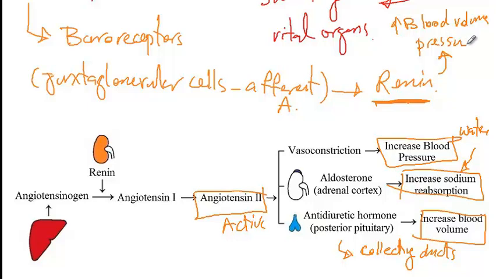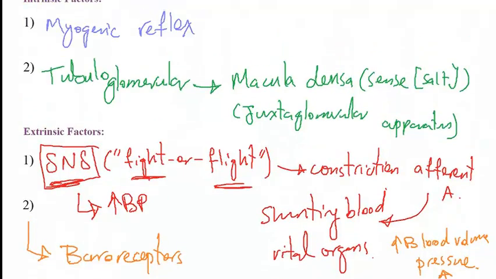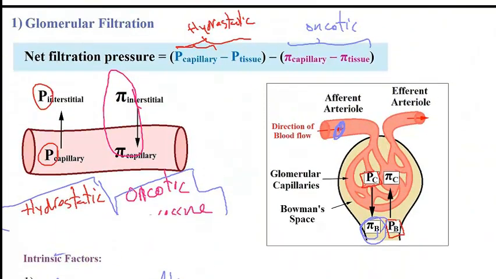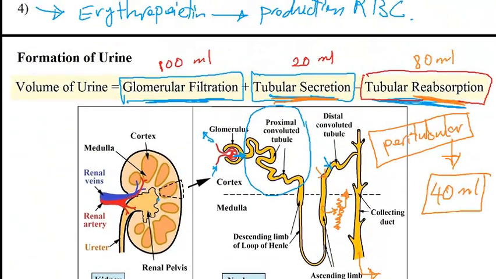Okay, so we've just finished the very first mechanism, which was filtration. So here we just discussed filtration and different mechanisms that affect filtration. The next two topics we are going to discuss are tubular secretion and then tubular reabsorption.